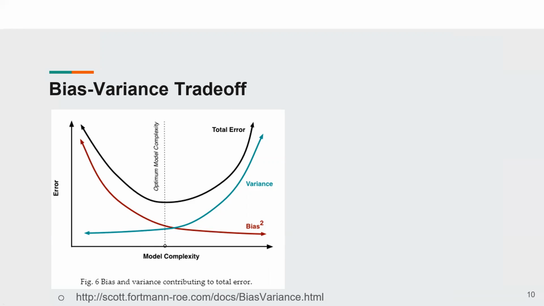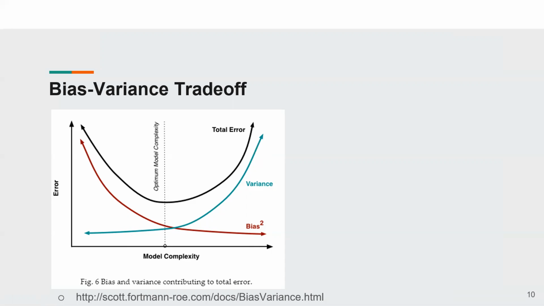However, if your model is so complex, you have low bias, but the model cannot generalize well, meaning for some unseen data, the model is not going to do a decent job. That's exactly what's happening on this green line as the variance becomes higher. So as the model becomes more complex, the bias is smaller, but the variance tends to be bigger.